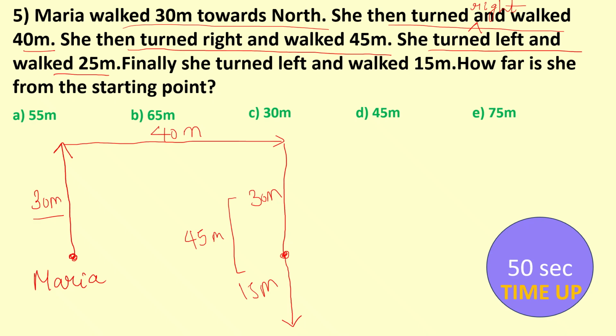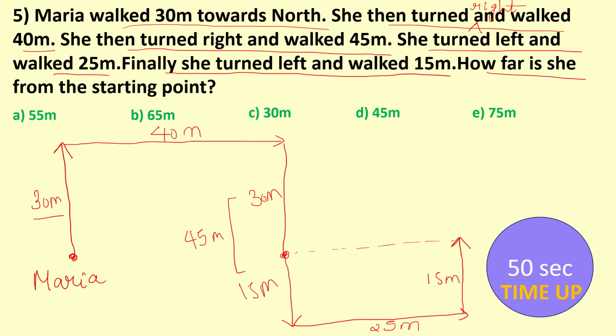So this is left side. She walked 25 meter. Finally she turned left and walked 15 meter. So here she will stop. How far is she from the starting point?